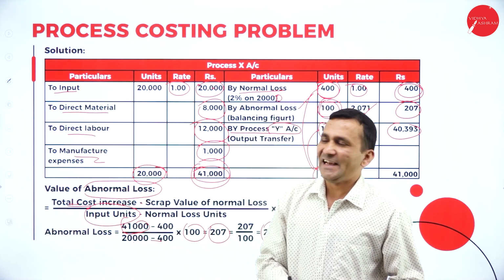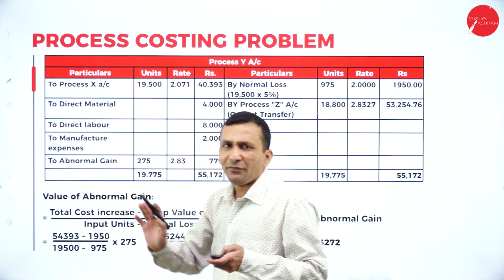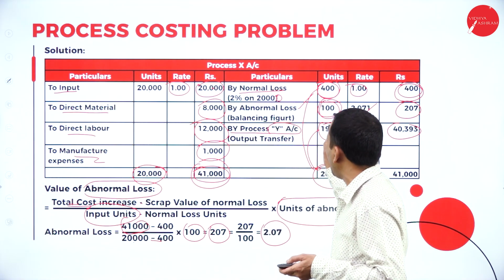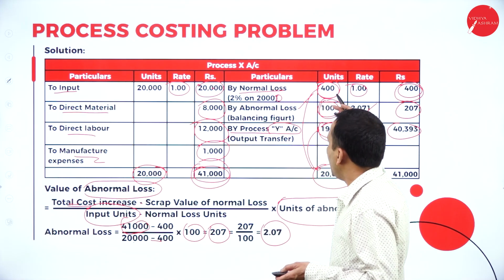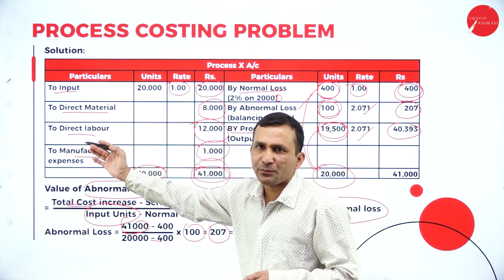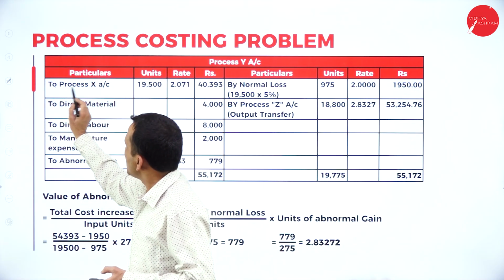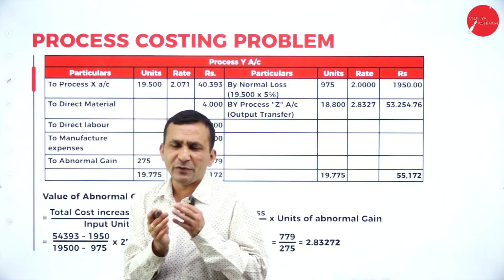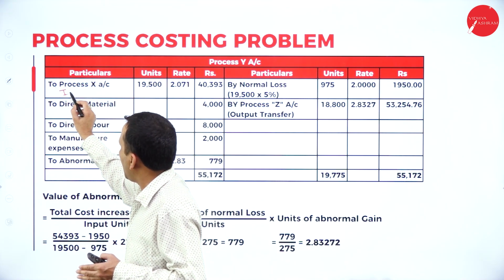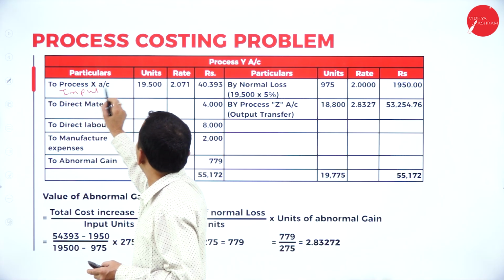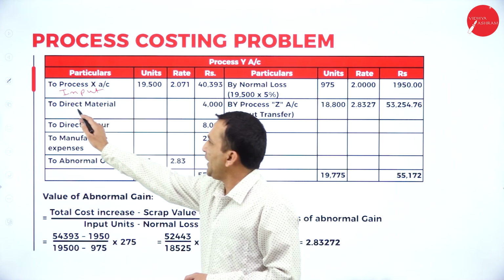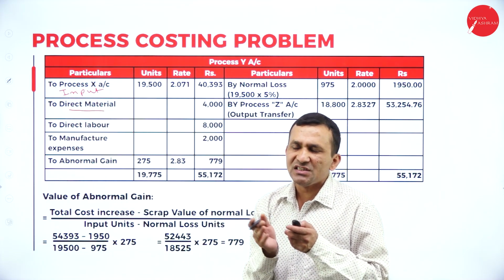Moving forward to the next process, whatever we have identified, the transferred units 19,500, which come under the process X credit side, go to the next process debit side. Okay, so whatever output we identified in process X will be the input for this process Y. Okay, so the same remaining items we need to write; the amount is different.